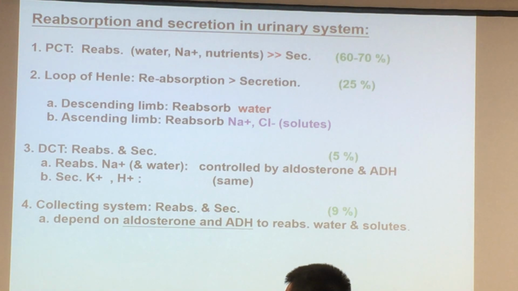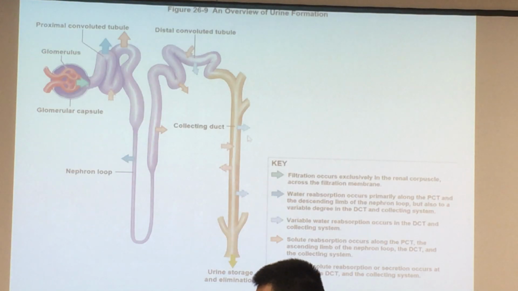Most of that is reabsorption, accounting for about 60 to 70%. The loop of Henle, descending limb and ascending limb, will take about 25% of the function. And the descending limb and ascending limb work on different things. The descending limb reabsorbs water, the ascending limb reabsorbs the ions, sodium and chloride.